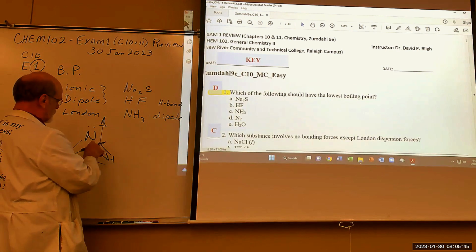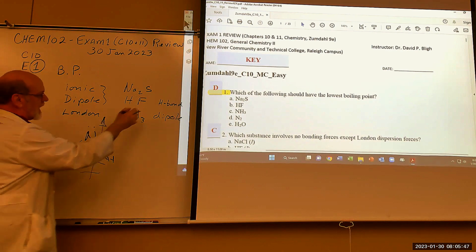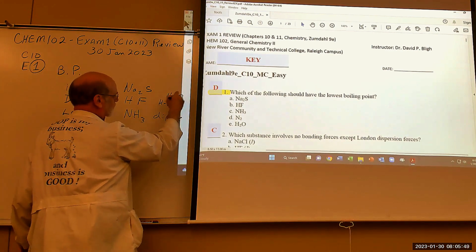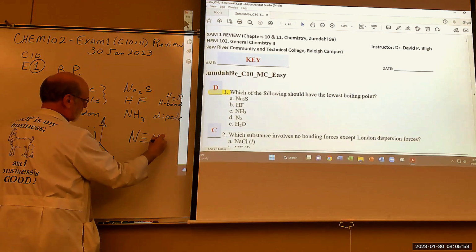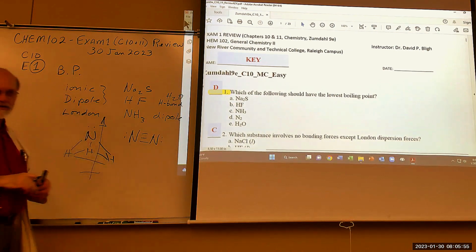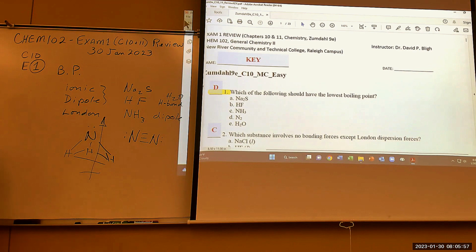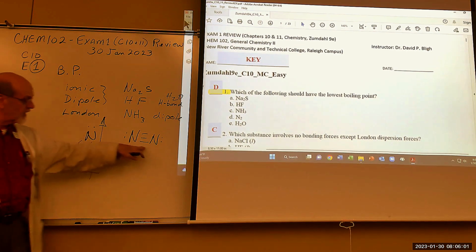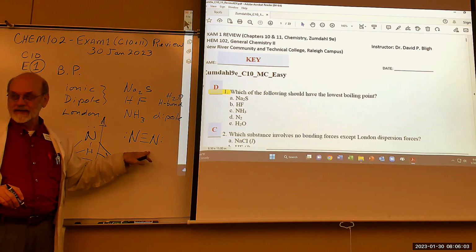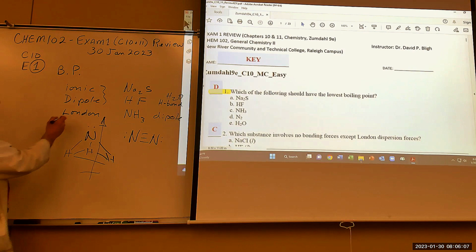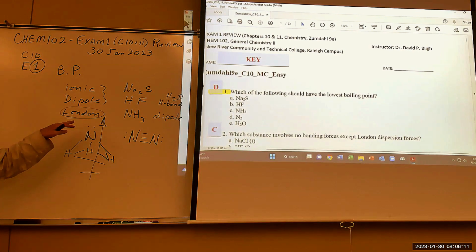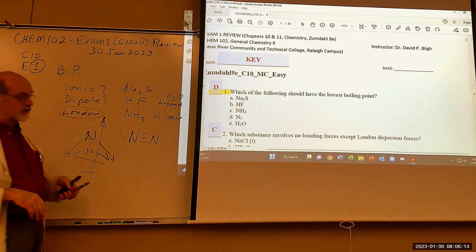Water, we can go to water and just say water's hydrogen bonding. Right. How about nitrogen? What type of force does it have available to it? Not ionic. Doesn't have a dipole because that bond is not polar. So it has to be a non-polar molecule. This is the only option it has. That's the lowest boiling point, is nitrogen.